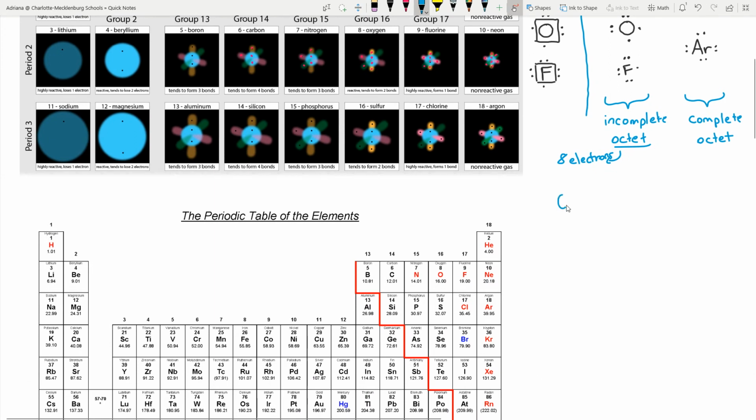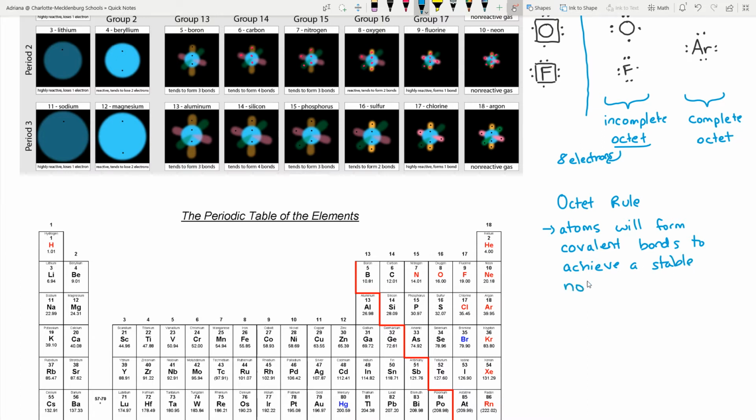So the octet rule states that atoms will form covalent bonds to achieve a stable noble gas configuration. That is, they want 8 electrons.